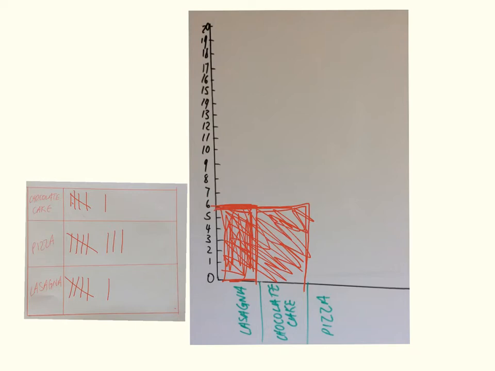Now pizza had 1, 2, 3, 4, 5, 6, 7, 8. So it had some more as well. So we go now up to 8, and we can go up a little bit and across. We can tell now that there are 8 people that like pizza.